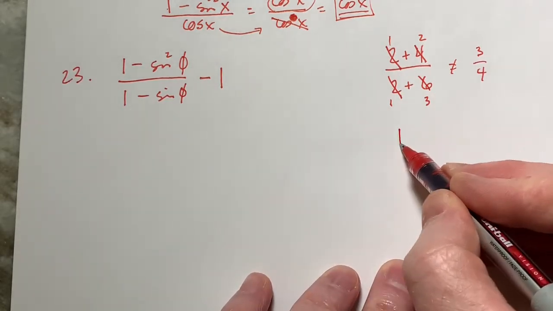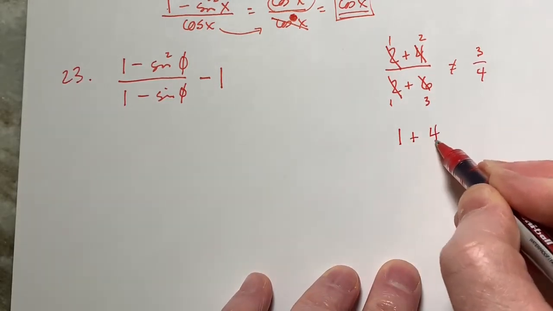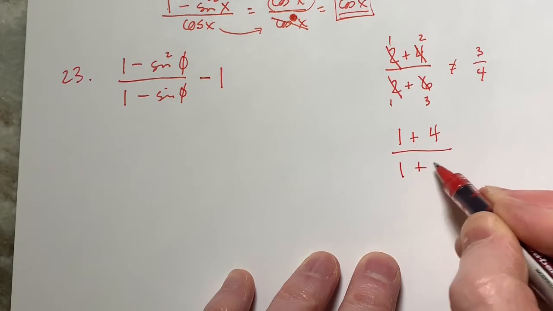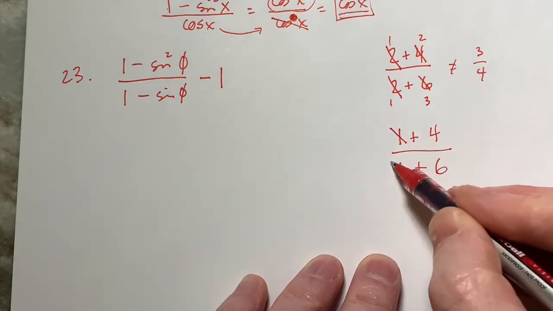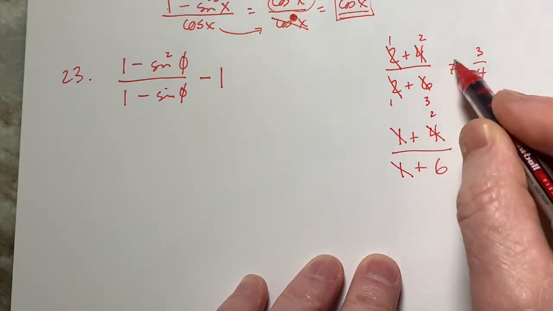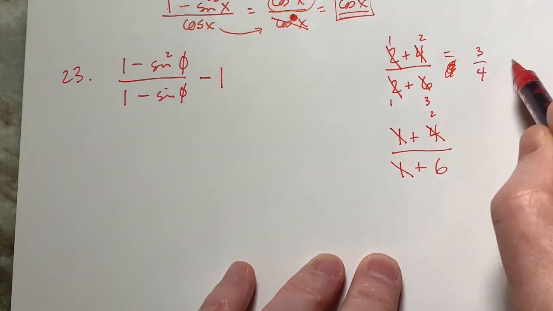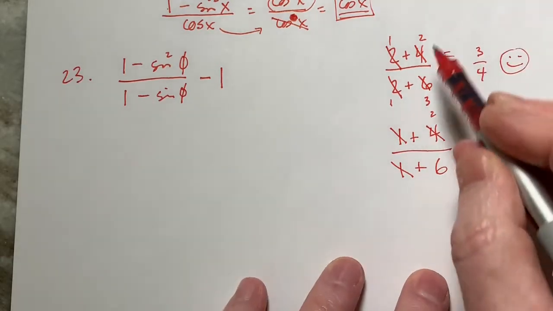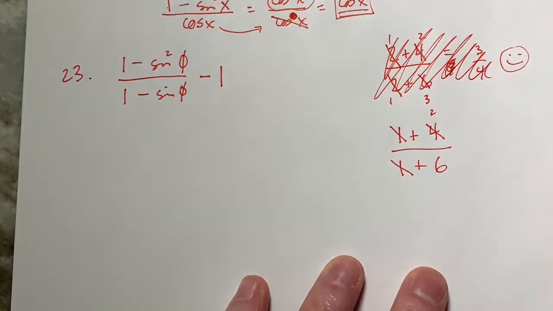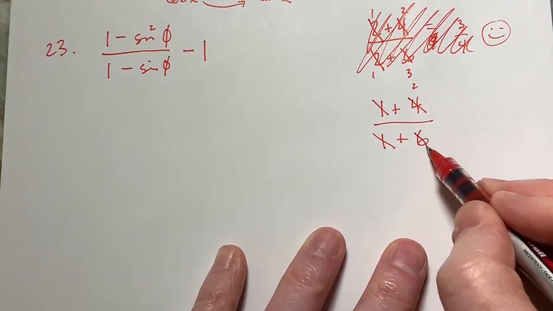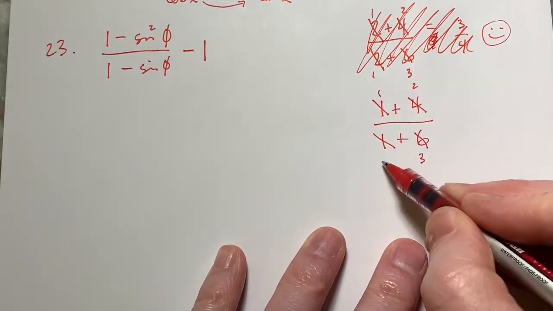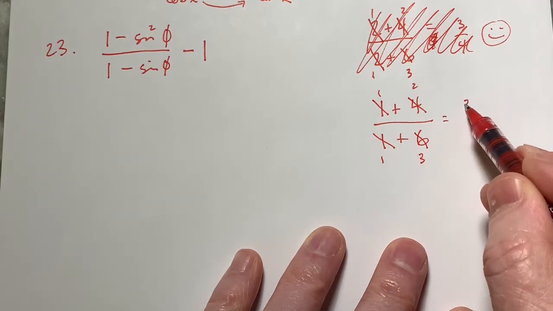Let me give you another one. What about this? 1 plus 4 over 1 plus 6. If I were to try to cancel here, check it out. Even if I do leave a 1 there, do I really get 3/4?